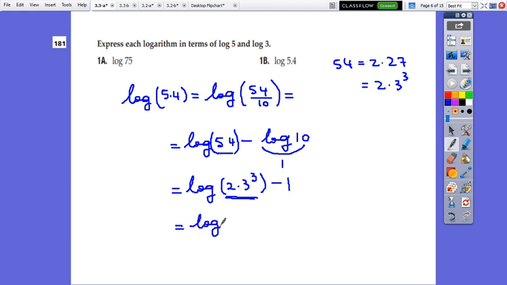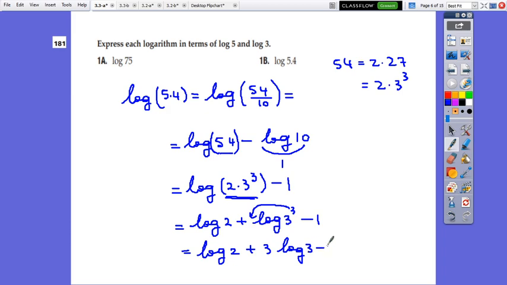So it will be log 2 plus log 3 cubed minus 1. 3 goes outside the log, so it will be equals log 2 plus 3 log 3 minus 1.